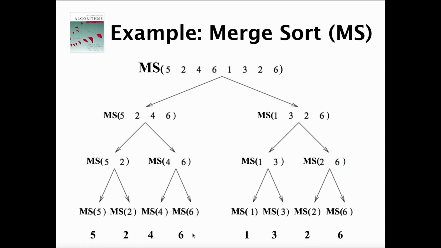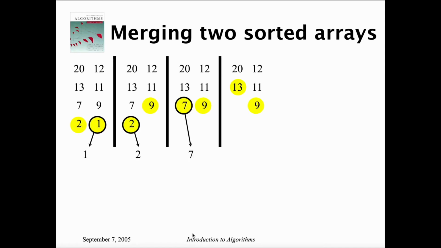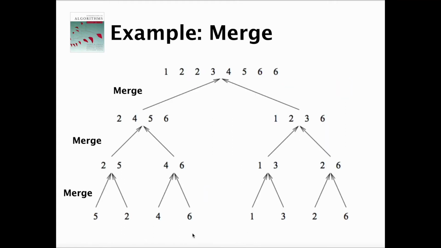So we will perform merge in the next operation. Merging is done this way as shown in the previous lecture with a running time of theta n, where n is the total number of elements of the final sorted list. Okay, so this is how we merge from a bottom to top approach.